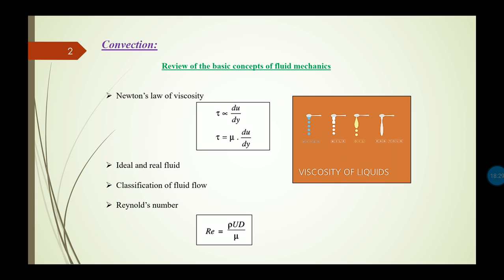Now, when a fluid is flowing over a flat surface, it is seen that when the value of the Reynolds number is less than 3.2 times 10 to the power 5, it is the lower critical Reynolds number, and below this value the fluid flow is of laminar nature.